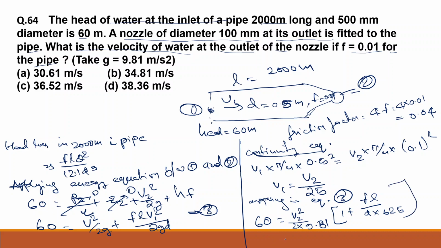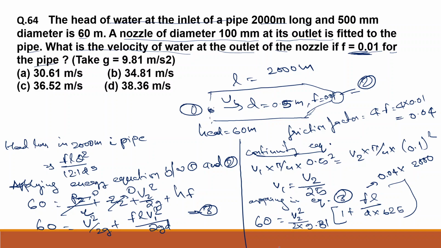We will write the FL value here, as there is no place. FL value is 0.04 into 2000. 2000 is the length and F is given for the outlet of the nozzle.